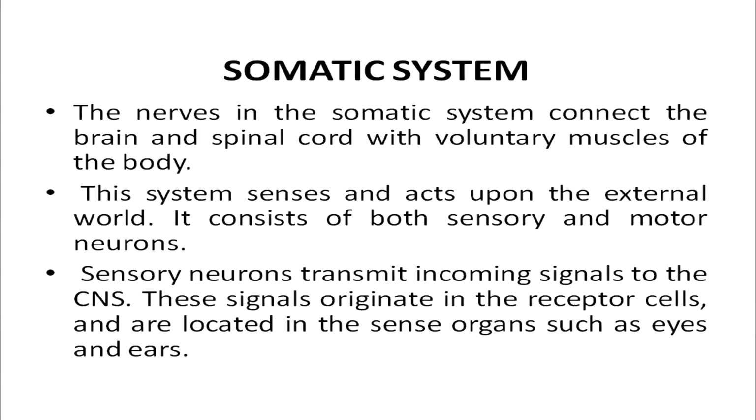Sensory neurons transmit incoming signals to the central nervous system. When I say sensory neurons, that means whatever you can sense through your senses. We have five senses, as all of us know. Whatever information those senses receive, the sensory neurons transmit that incoming signal to the central nervous system. These signals originate in the receptor cells. Why receptor cells?